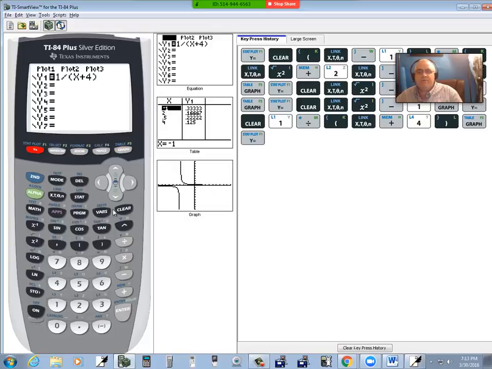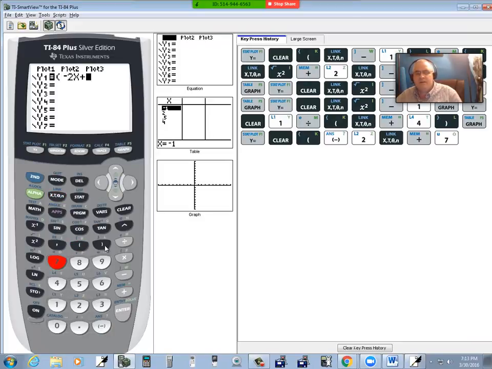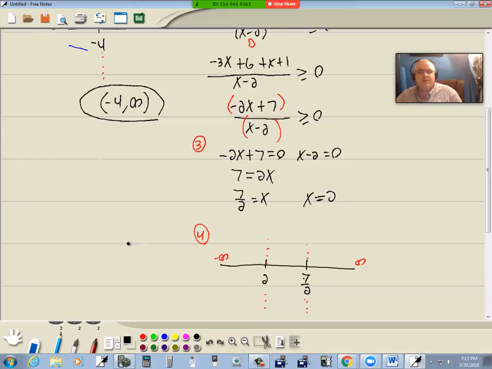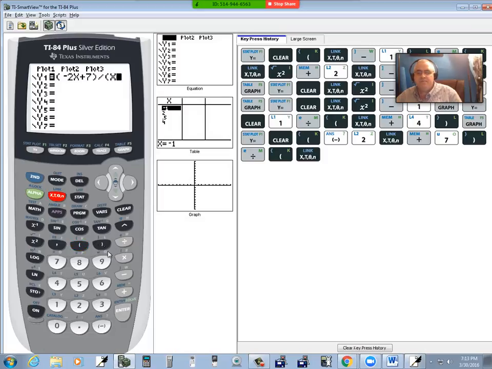So go to y equals, clear, beginning parentheses, negative 2x plus 7, closing parentheses, divided by, beginning parentheses, x minus 2, closing parentheses, and then graph.